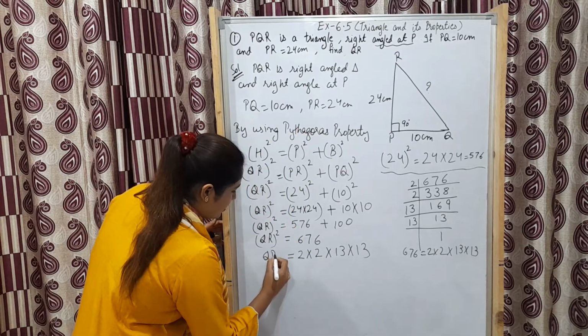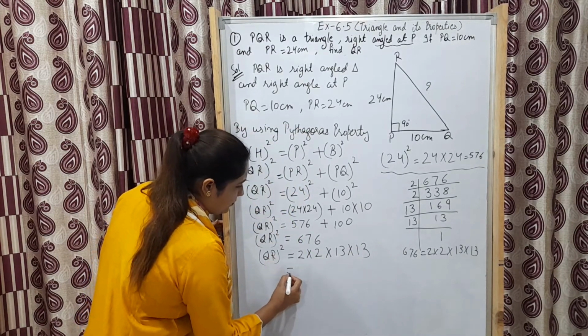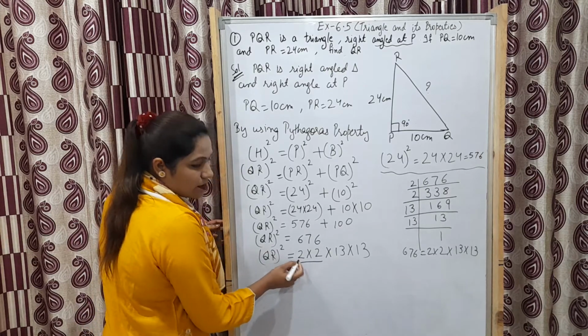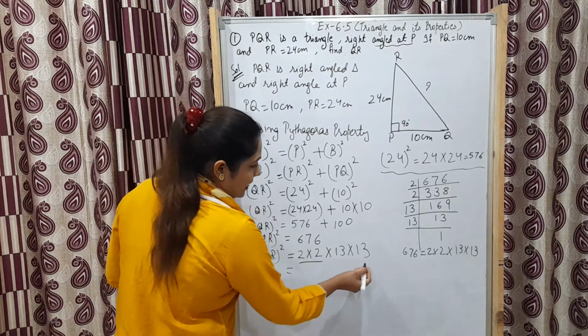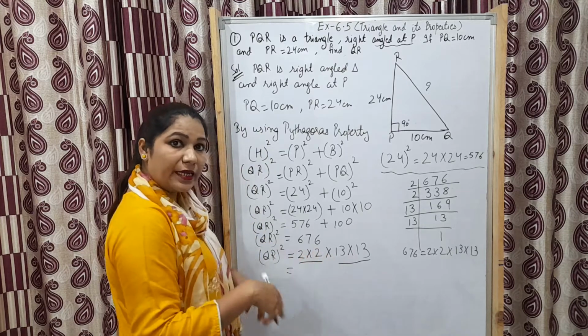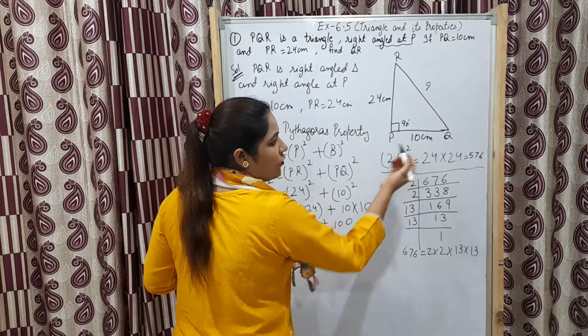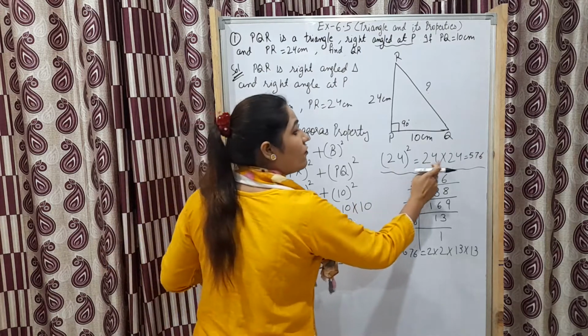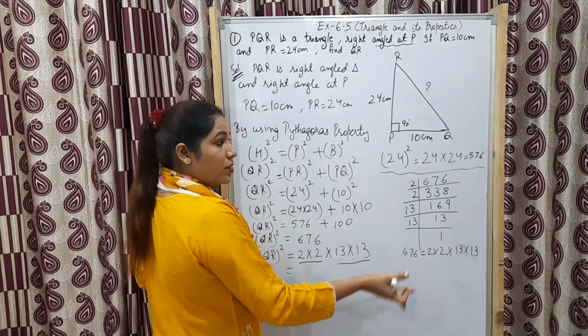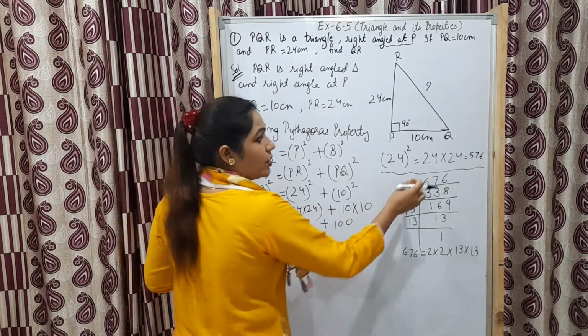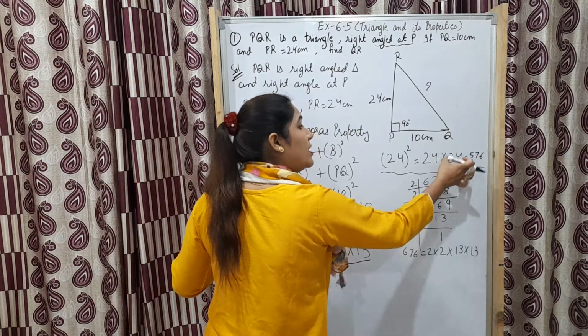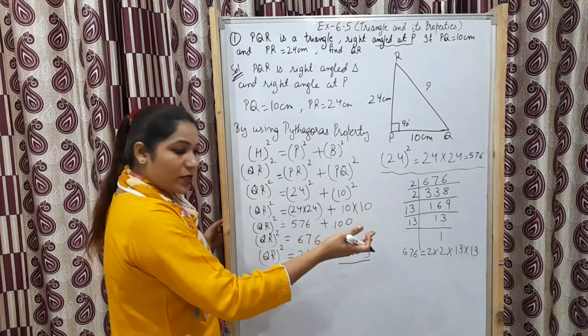Now students, see here carefully. Here 2 is 2 times and 13 is again 2 times. So according to this rule, 24 raised to power 2 means 24 into 24. We can do reverse also. 24 into 24 means 24 raised to power 2.